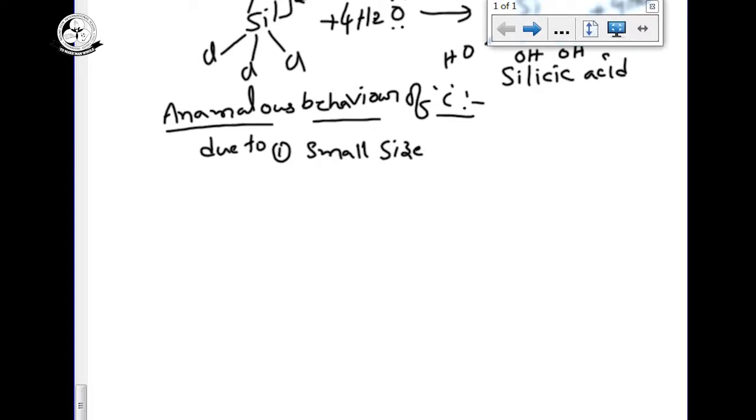Second is high ionization energy values; since size is small, we know the ionization energy is high. Third is high electronegativity values. And the fourth, most important one, is the absence of d orbitals.